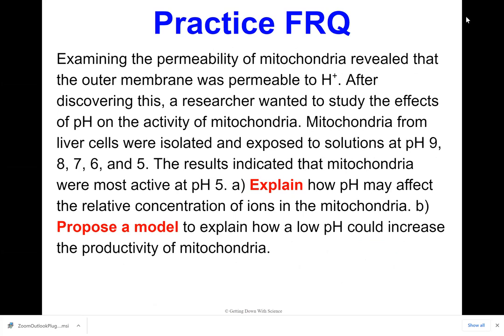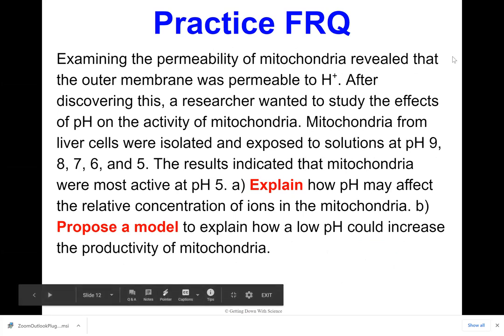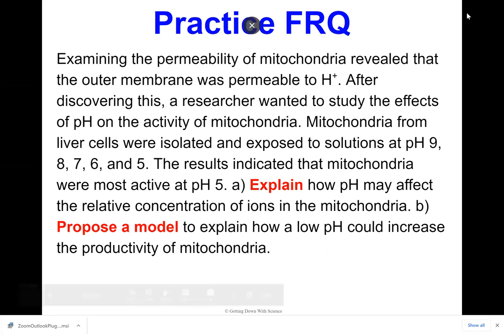Okay, and here's our next practice free response question. Examining the permeability of mitochondria revealed that the outer membrane was permeable to hydrogen ions. After discovering this, a researcher wanted to study the effects of pH on the activity of mitochondria.